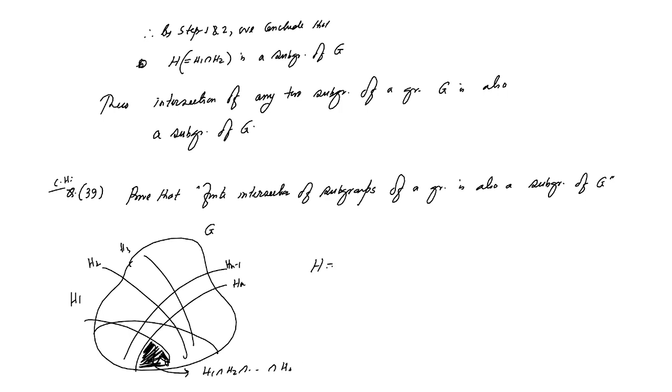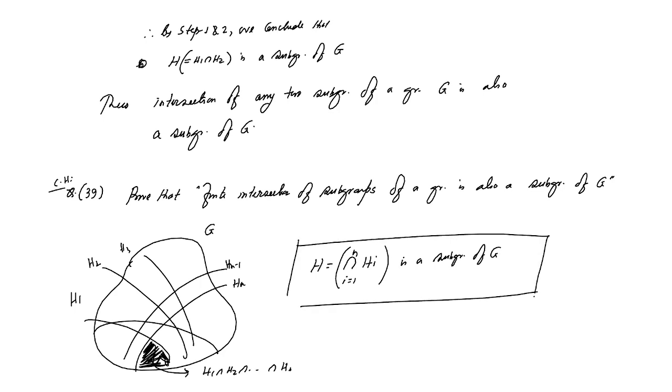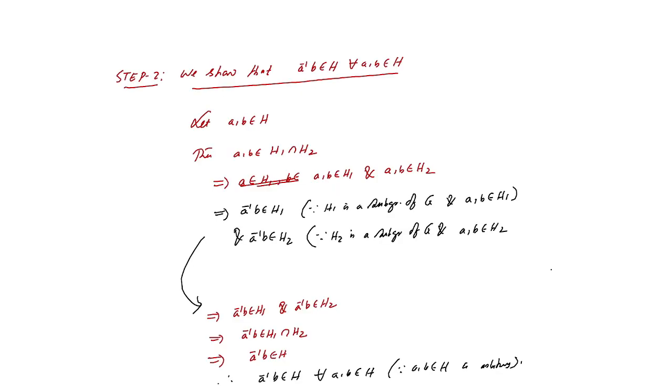That means you consider H as the intersection of Hi, i equals 1 to n, and you check it is a subgroup of G. This is your self exercise. You can solve it easily, and you will prove that the intersection of finitely many subgroups is also a subgroup, as we proved here for two subgroups.